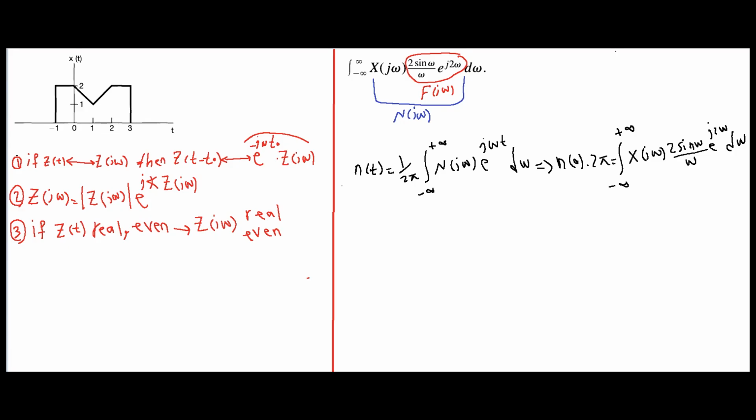Therefore, we need to calculate n at t equal to 0 and then multiply it by 2π.